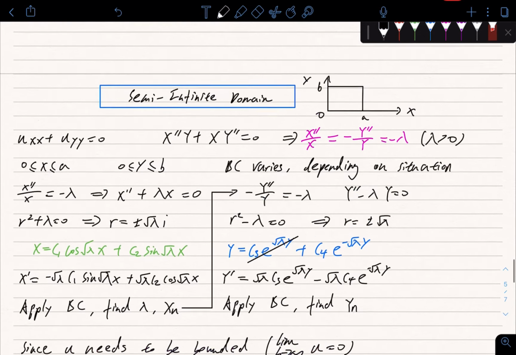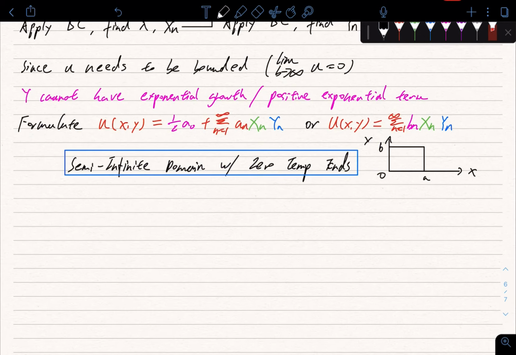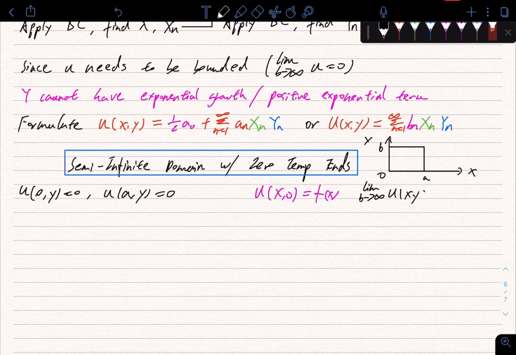The differential equation is the same, but our boundary conditions are u at 0, y equals 0, u at a, y, so no longer L, this is a, equals 0, and then u at x, 0 equals f of x, and then the limit as y approaches infinity of u of x, y equals 0.